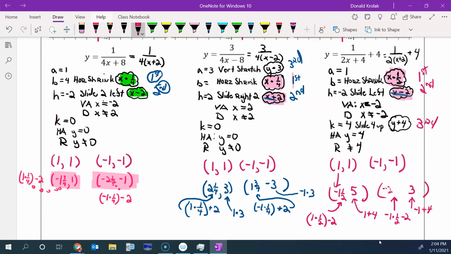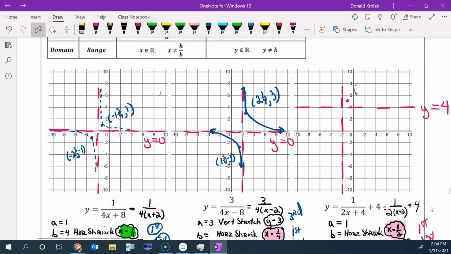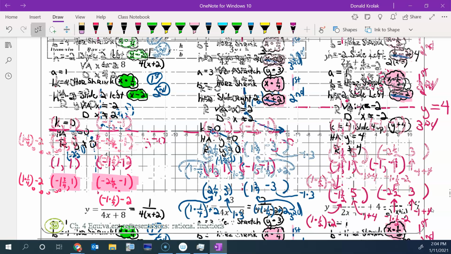That's negative 2. Okay, and then you're going to plot those. So negative 1 1/2 and 5, and negative 2 1/2 and 3.